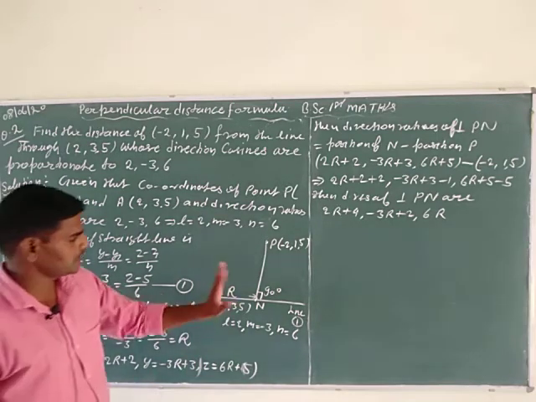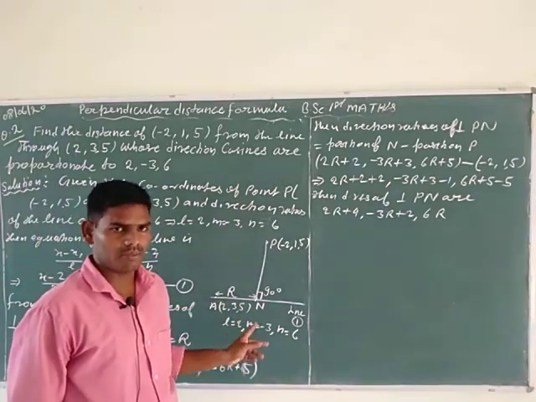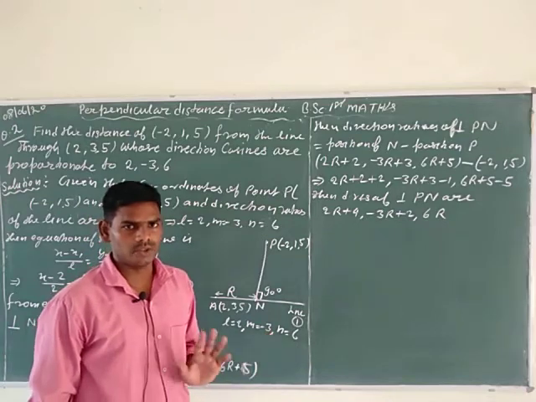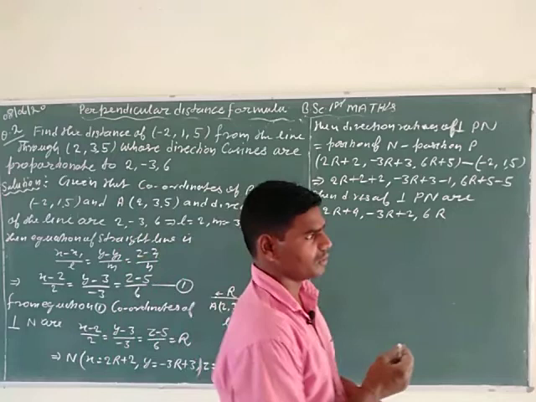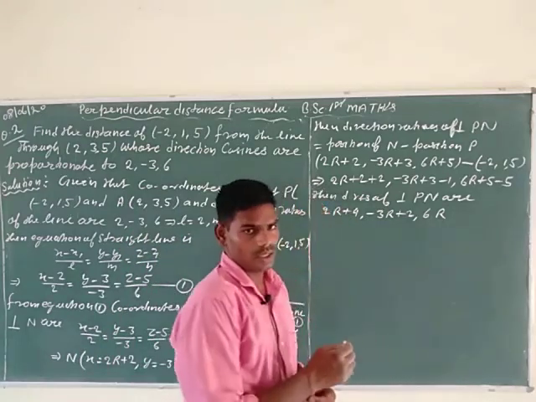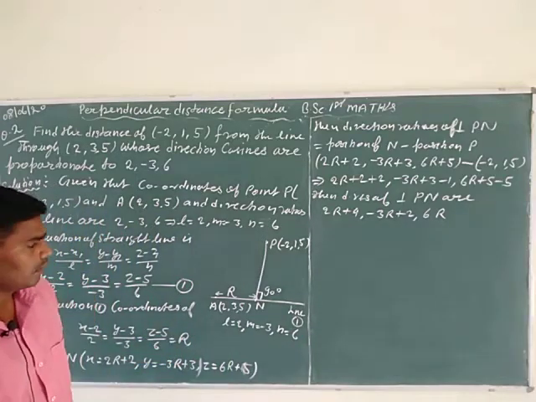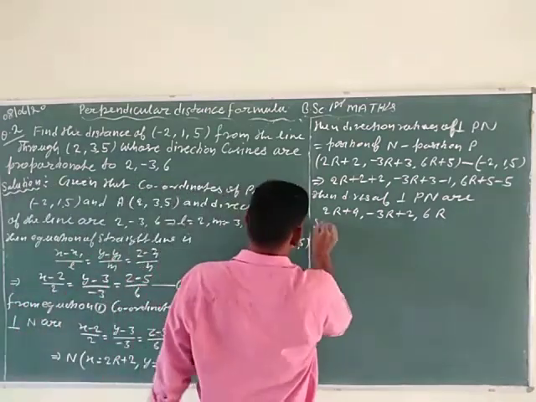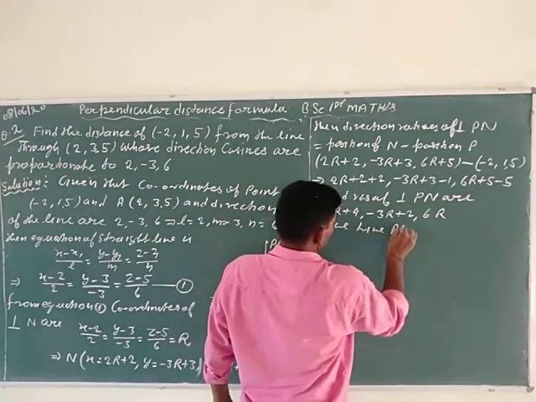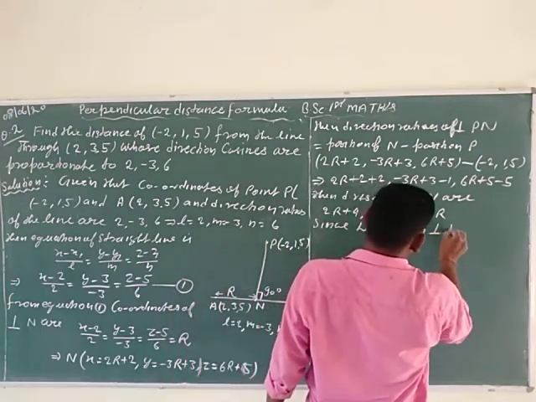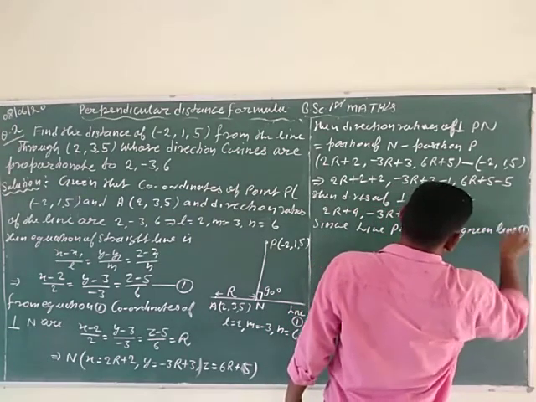Here from the figure it is clear that these two lines intersect each other at the point capital N at 90 degrees. So applying the formula directly, you can use cos theta equal to l1 l2 plus m1 m2 plus n1 n2. Here theta is equal to 90 degrees, since line PN is perpendicular to the given line first.